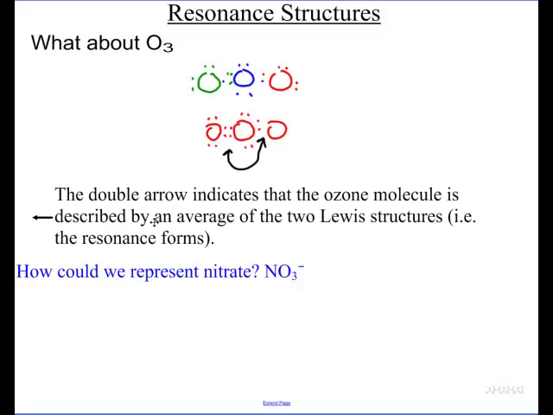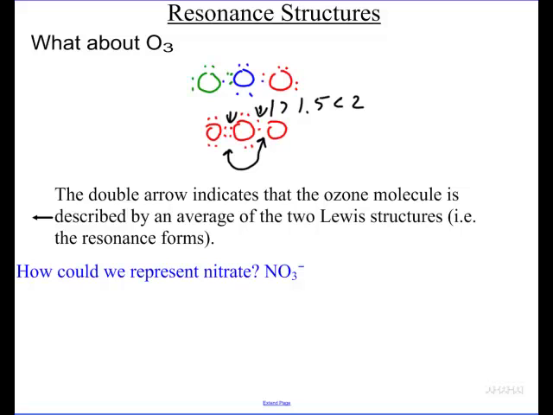They can't represent completely what's going on, because we know from experimental evidence that the average bond length between this oxygen and this oxygen is about 1.5, which is less than 2, but greater than 1, right? So the Lewis dot structures can't really represent it.